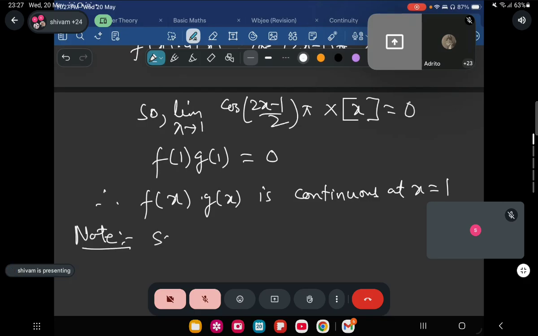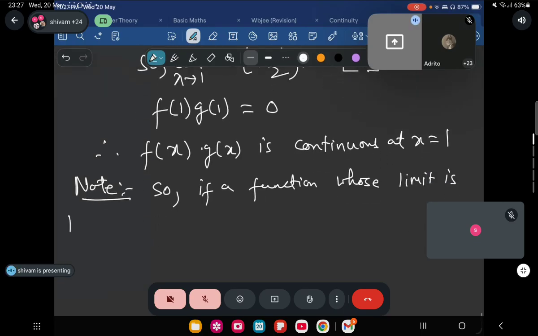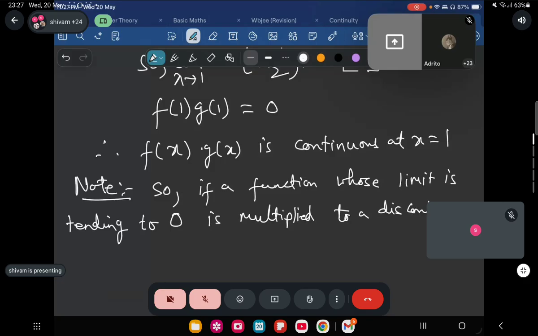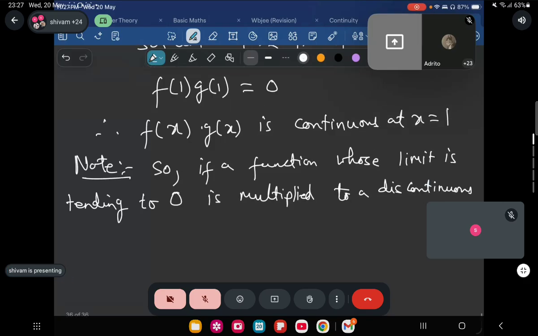So note: if a function whose limit is tending to 0 is multiplied to a discontinuous function, 0 into any discontinuous function, you'll get 0.